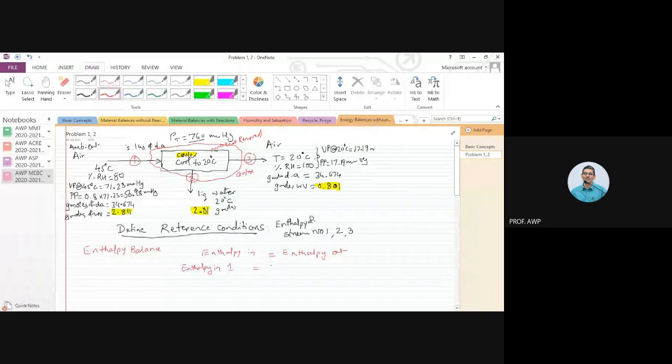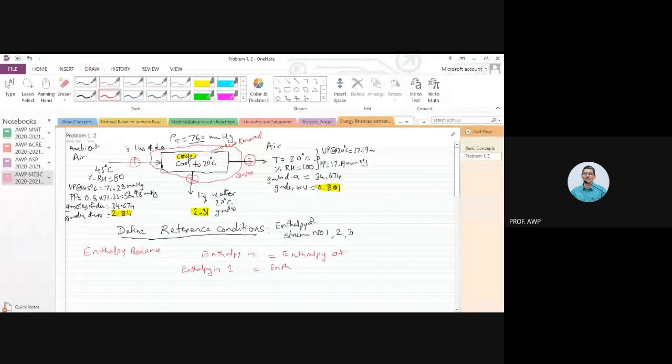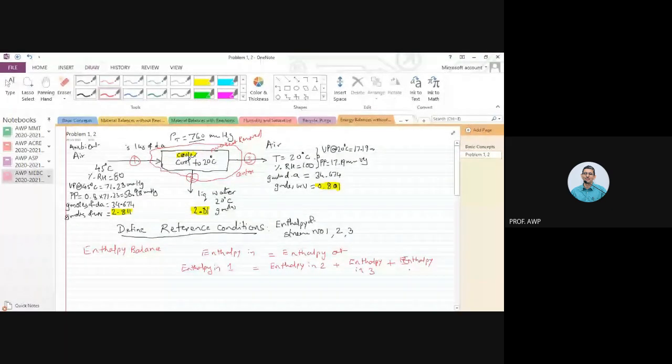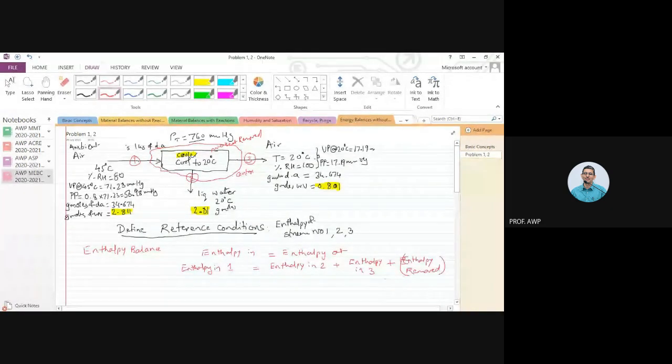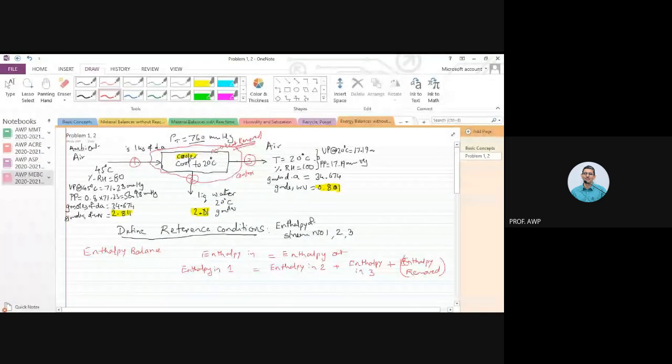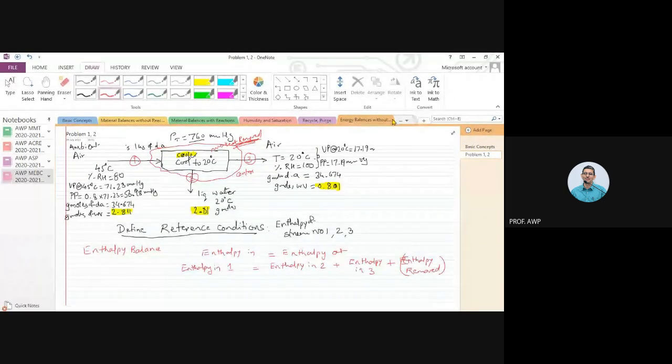Enthalpy going out is the enthalpy going out in stream number 2, plus the enthalpy going out in stream number 3, plus some enthalpy that is removed in order to do this cooling operation. I'm cooling, so I have to remove that enthalpy.